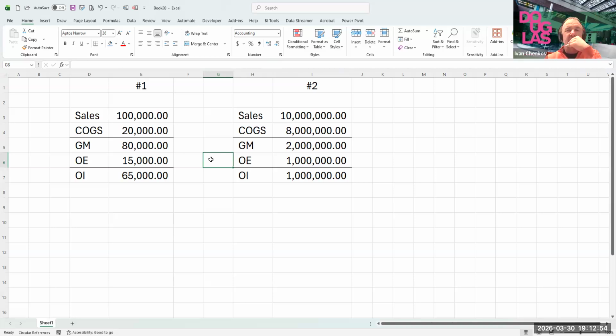First question that we should ask ourselves: can I compare company one to company two based on the sales, based on the gross margin, based on operating income? Can I compare those two companies? Is there anything common between those companies so I can compare them?